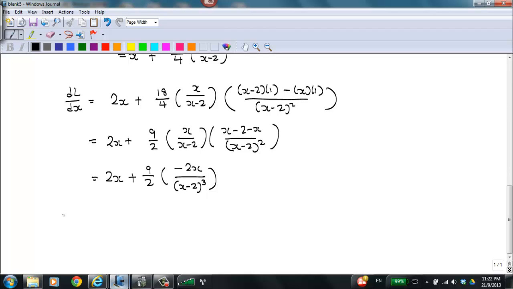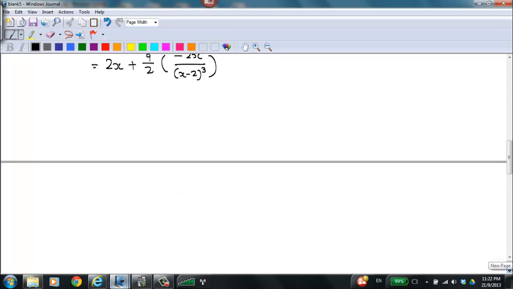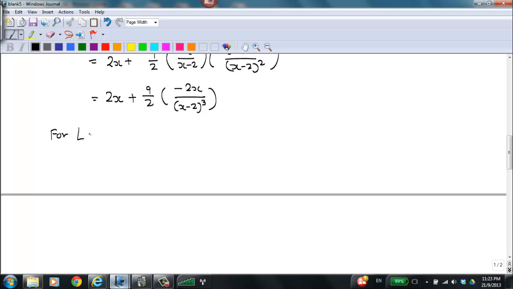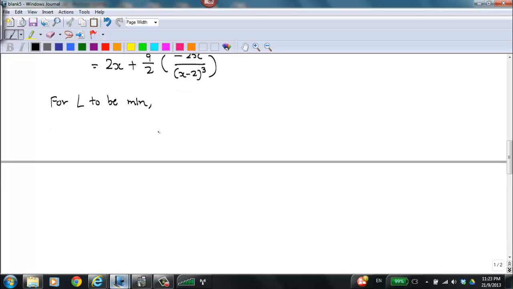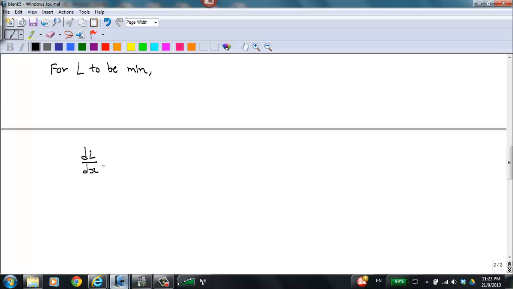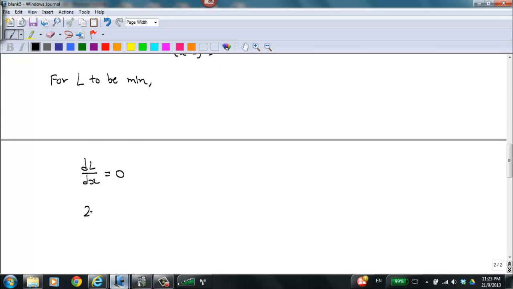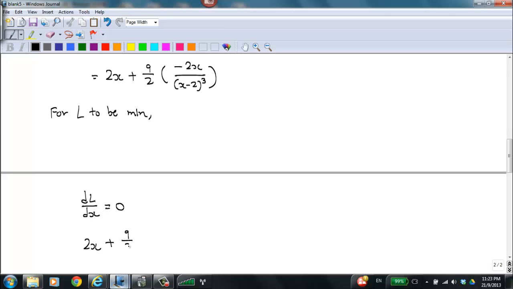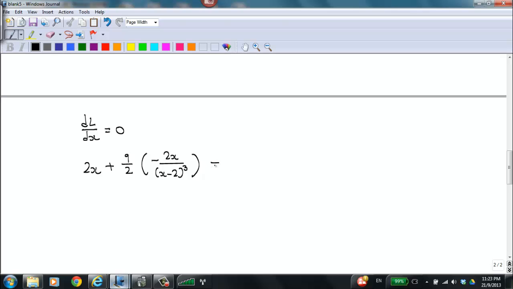And for L to be minimum, the question says minimum, what we need to do is set dL/dx equal to 0. So 2x plus 9 over 2 ... hence, this will be equal to 0.